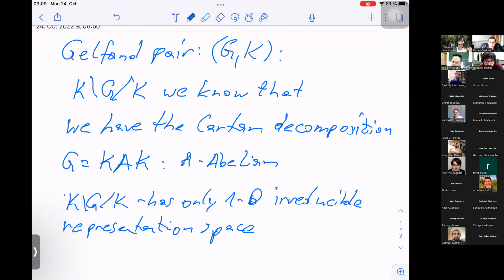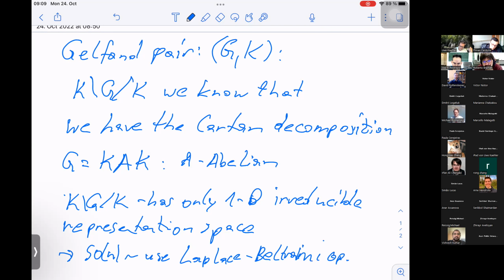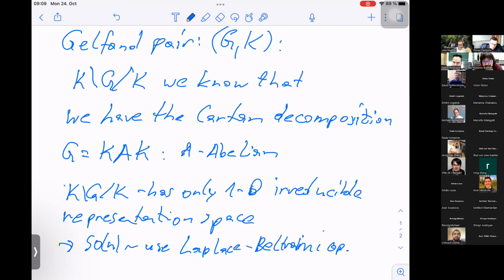That's actually in the case of spin groups later on, or SO(N), that has been done in the past, which is what you get for the case of SO(N). That's what you get if you use the Laplace-Beltrami operator.